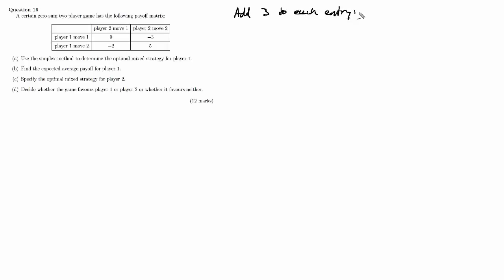The next thing to do is understand the linear programming problem we need to solve. To find the optimal mix strategy for player 1, we need to solve the following problem.